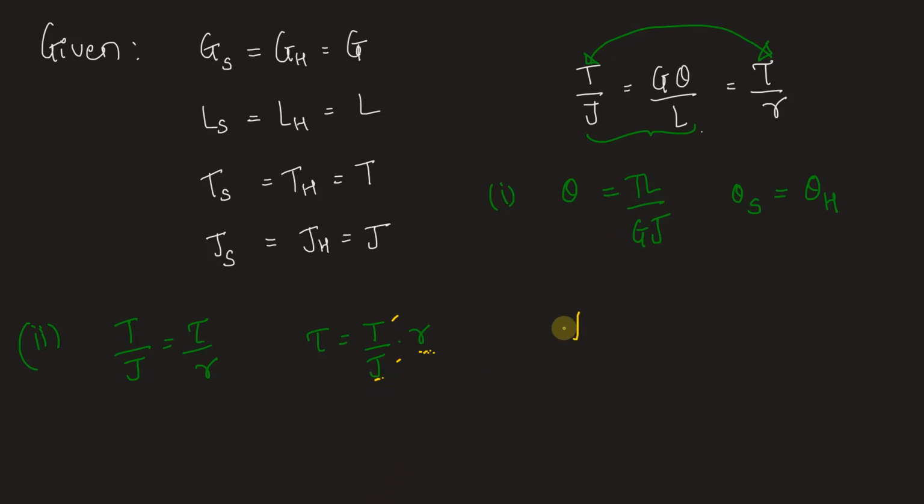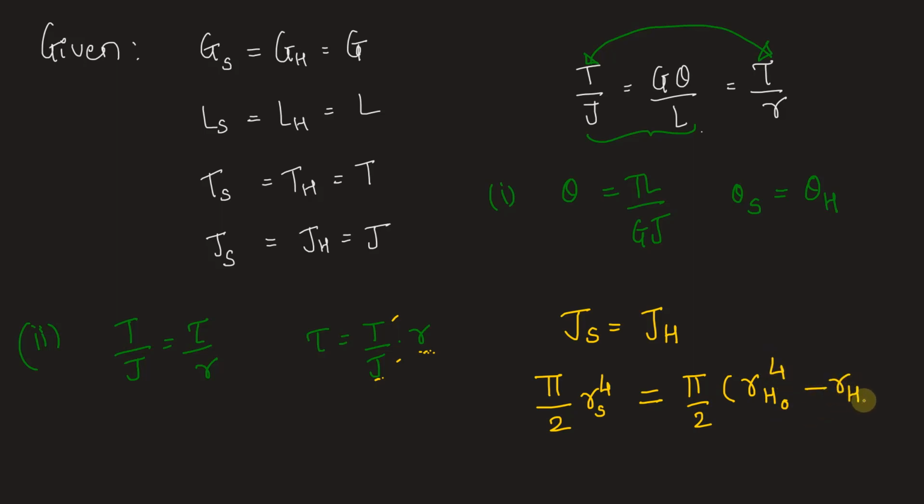So we can write that JS is equal to JH. Substituting in terms of radius, for circular geometry it is pi by 2 r to the power 4. For the solid, pi by 2 RS to the power 4 is equal to, for the hollow shaft, pi by 2 into outer radius RHO raised to 4 minus inner radius RHI raised to 4.